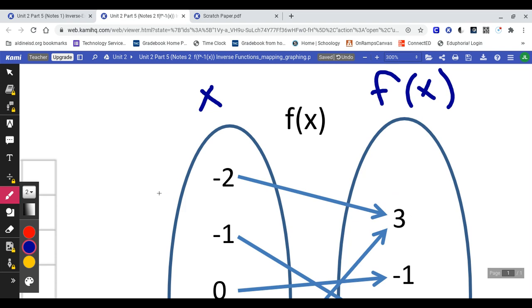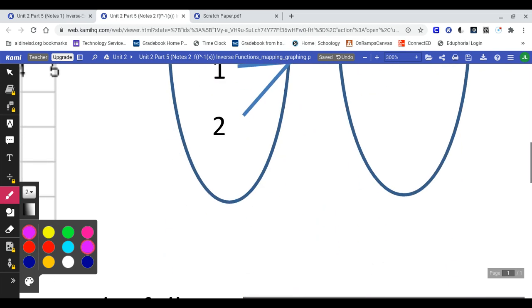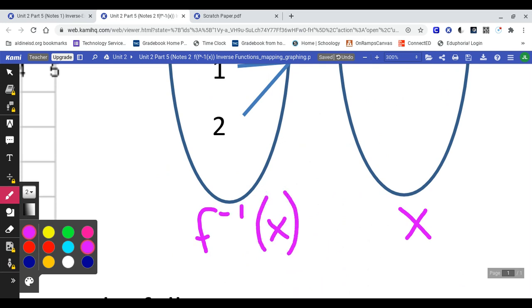And then to do the inverse, I'm going to switch the two columns. So this becomes my x, and this becomes my inverse.